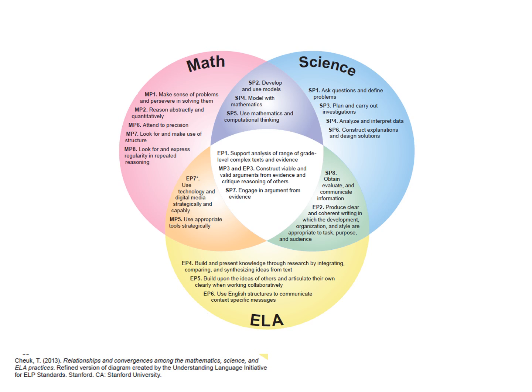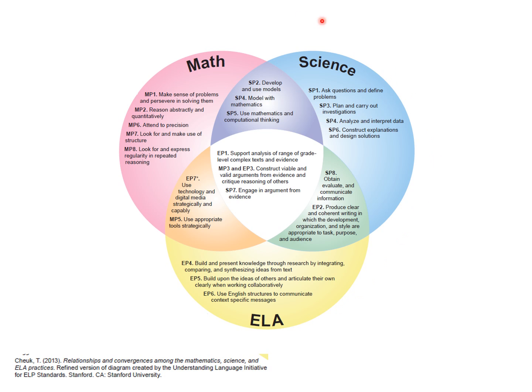This is the last diagram I'll show you with respect to these literacy principles, and this was developed by a group out of Stanford, and I find it very interesting, and I hope you will too. What this shows is the 3 broad areas in education: math, science, and English language arts.